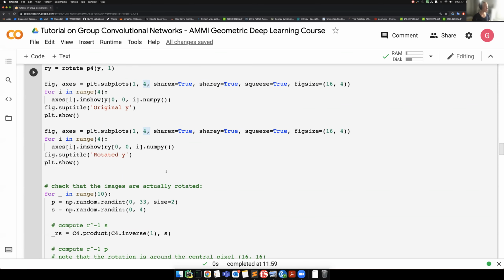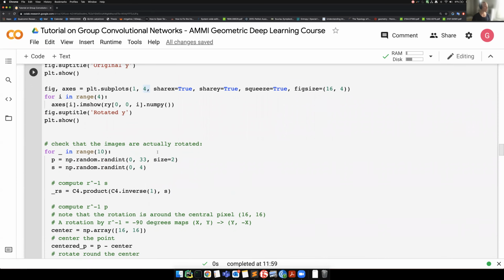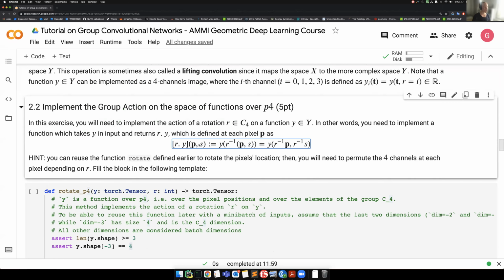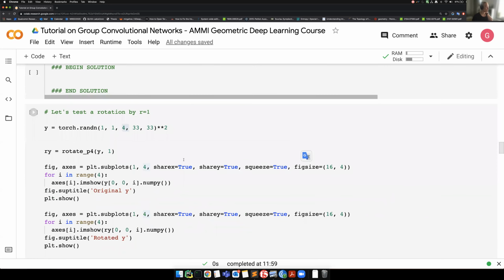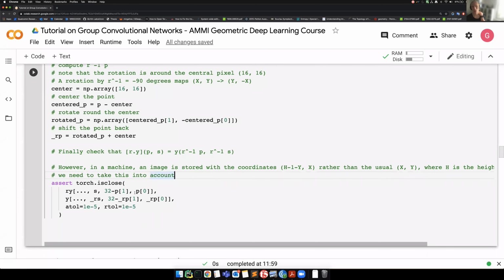And then we're going to check if your function satisfies the properties. So we're going to check basically if it's actually true that your rotated image evaluated at P, S is equal to the original image evaluated at R inverse P and R inverse S. Here we actually have to take into account the center of rotation, as someone was asking before, because in an actual image the center of rotation is not the coordinate 0, 0, because that's the top left corner, but it's going to be, I don't know, the coordinate 16, 16, if your image is 33 dimensional.